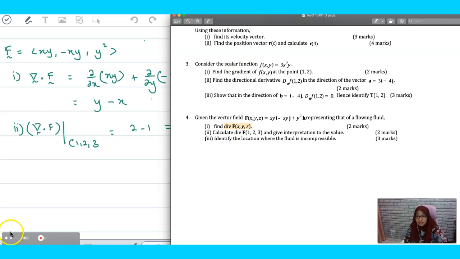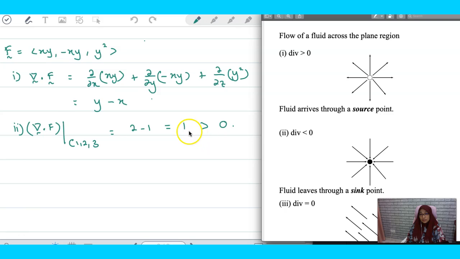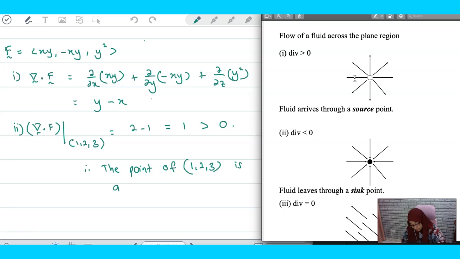Second. So based on your result, your divergence is positive. So you can see that the point (1, 2, 3) is a source point.